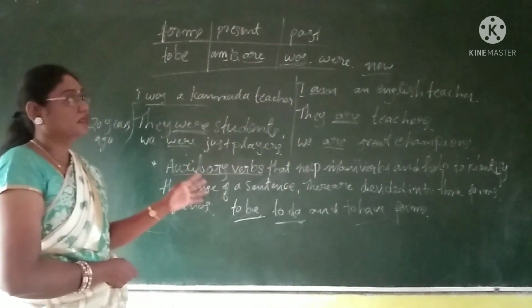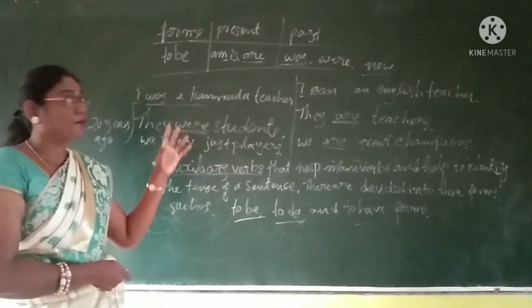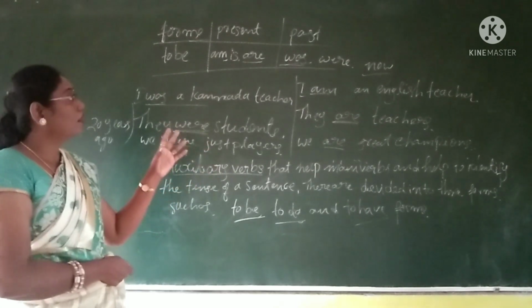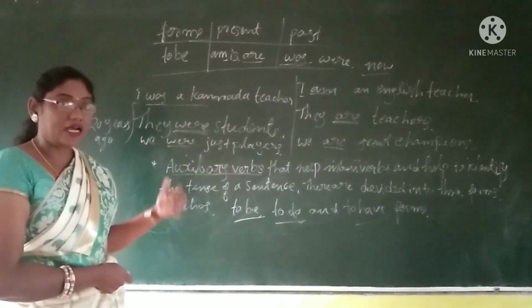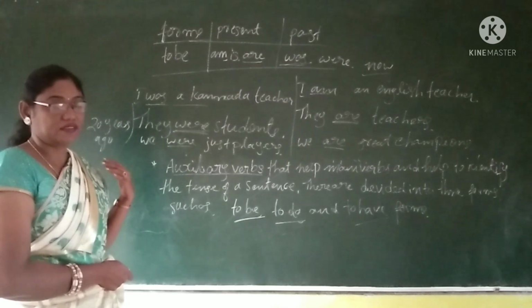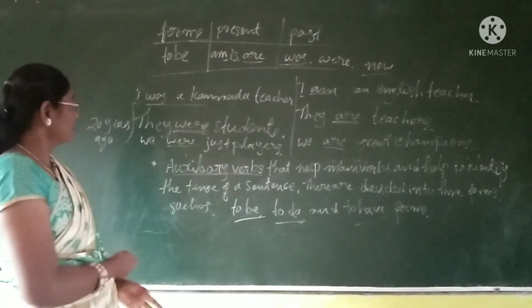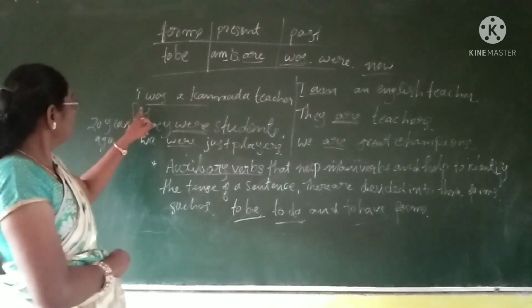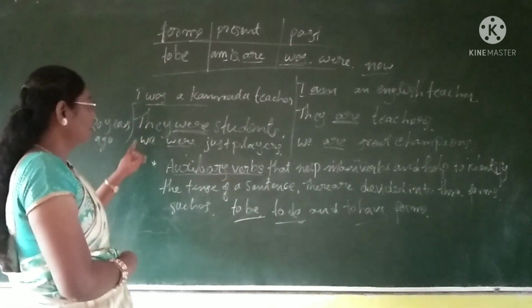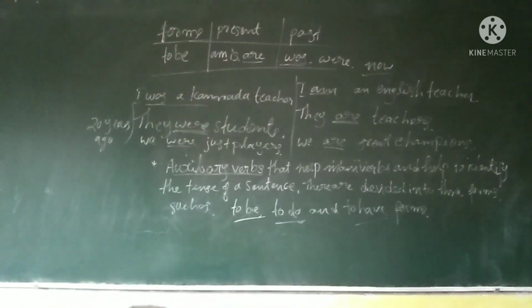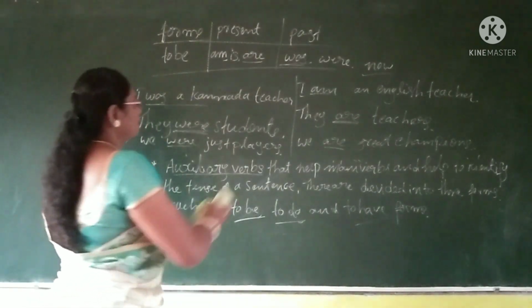This is how to use be forms in sentences according to the first, second and third person. And I will show you how to use third person because I did not show it here. Only I have taken I, they, we, and I will tell you how to use it with she and he.